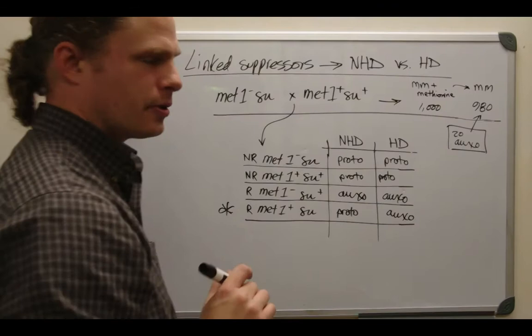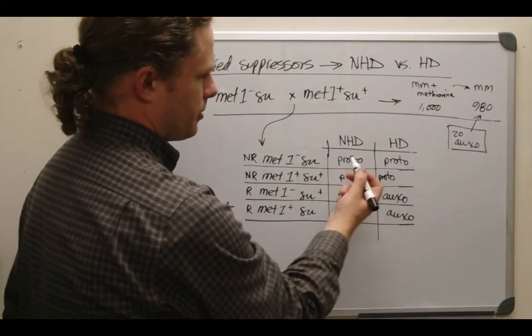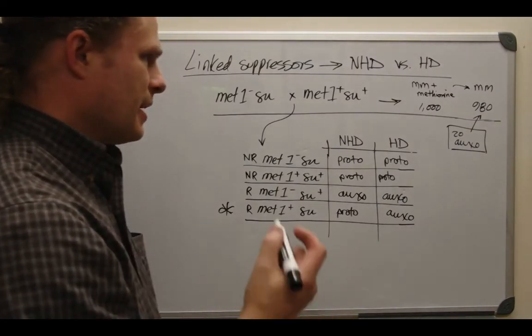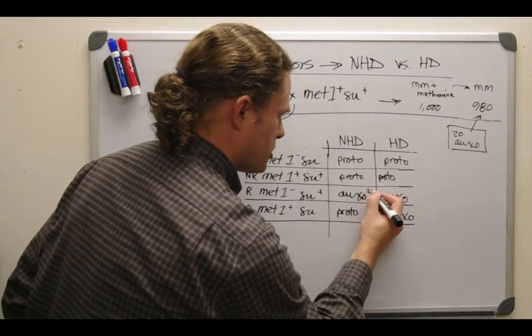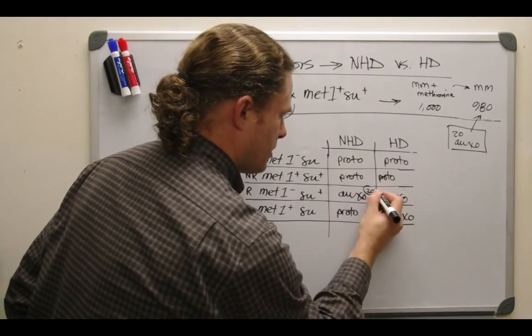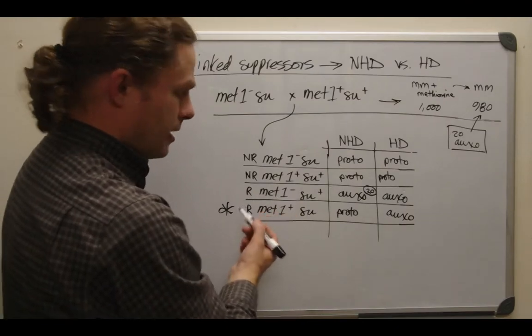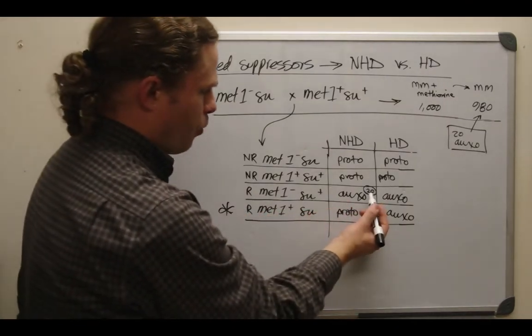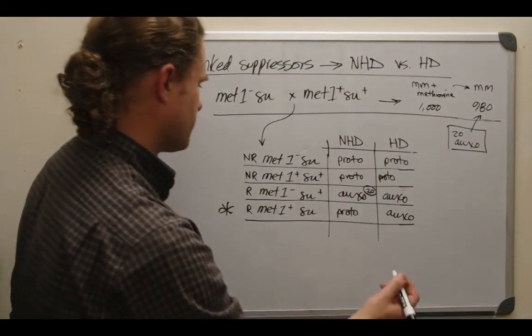So with those genotypes and phenotypes now established, we can deal with this issue of, okay, we see 20 auxotrophs on the plate. The question is, are we dealing with a heterodimer or a non-heterodimer? In the case of a non-heterodimer, the auxotrophs are strictly the one genotype. That would mean that there are 20 auxotrophs and they're all this particular genotype. Now, as you know, once you have one of the products of meiosis worked out, you can infer the rest in terms of frequencies.